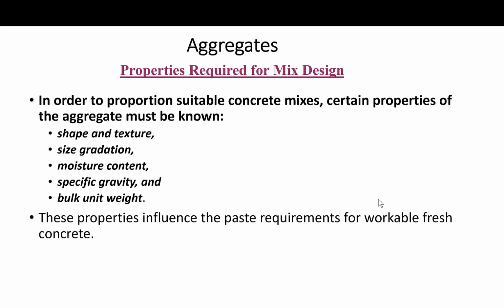These properties influence the paste requirements for a workable fresh concrete mix. So these must be determined in order to perform a mix design. Let us look at these properties and their effects.